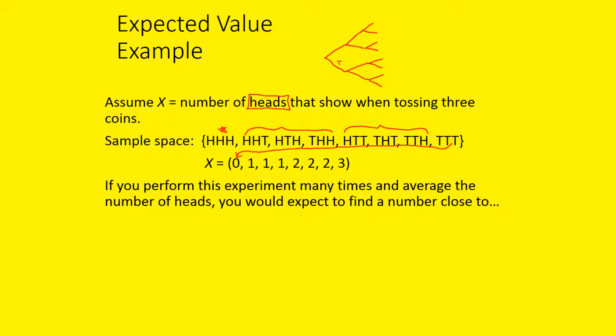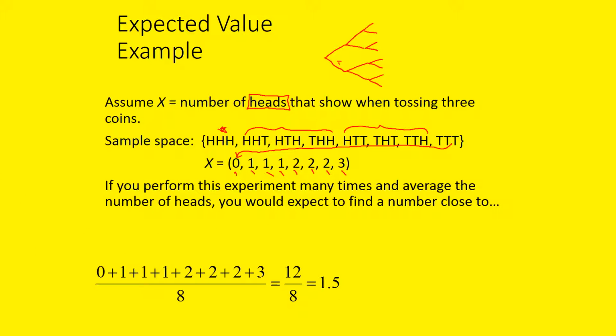Now, if you perform this experiment many times and average the number of heads, what would you expect? What if we just perform the experiment 8 times? Well, on the equally likely outcomes assumption, we would expect each of these 8 outcomes to occur once, and that will inform our expectation about the probabilities.